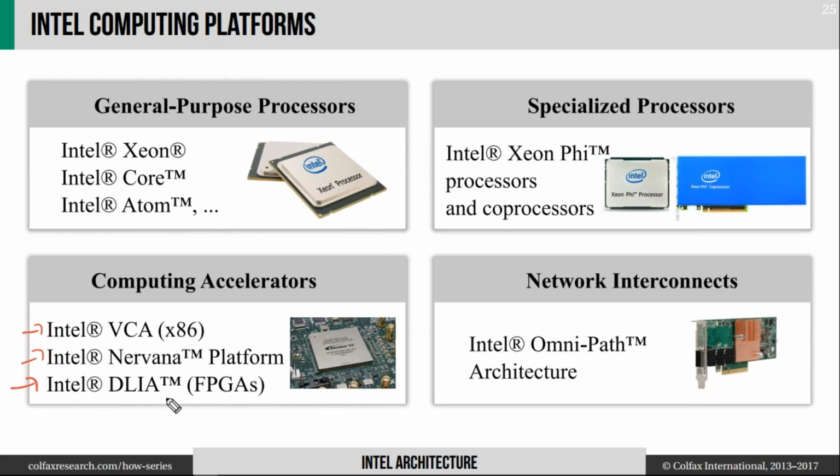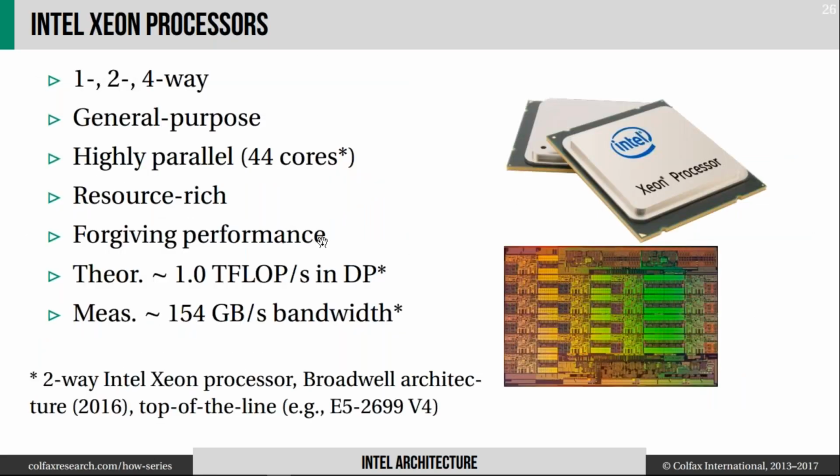So not everything Intel is x86 architecture. There are also exotic, well, as of today, exotic solutions that are likely to become mainstream in the future. We are not going to talk about these technologies in this course, however.